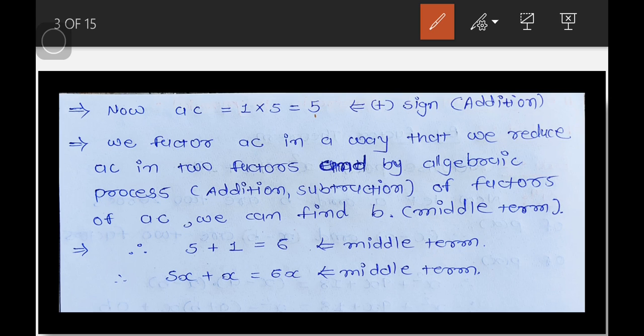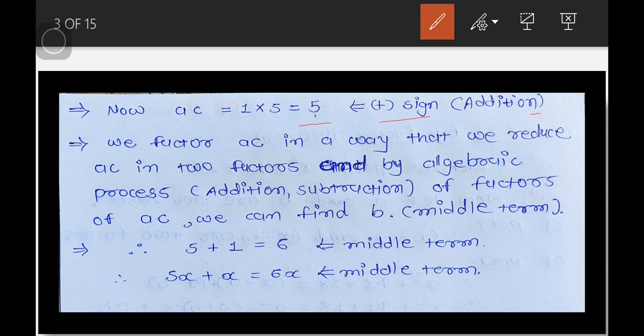Here we get 5 as positive. Now we reduce 5 into factors, and we can find the middle term by addition or subtraction, but here 5 is positive, so we do addition.